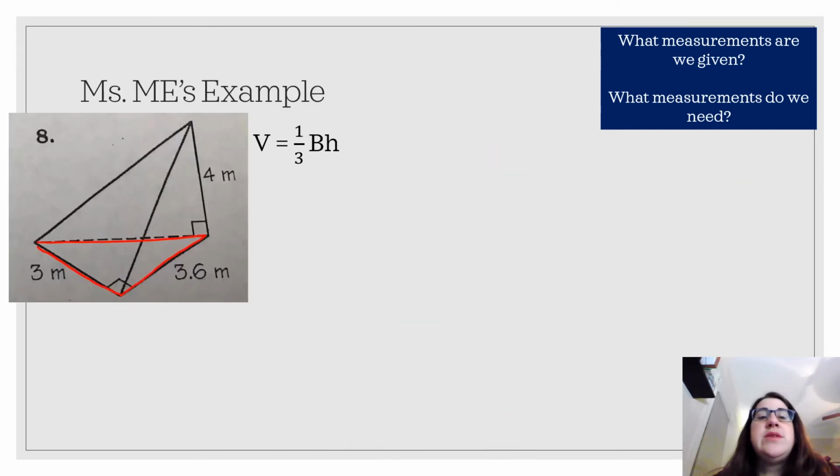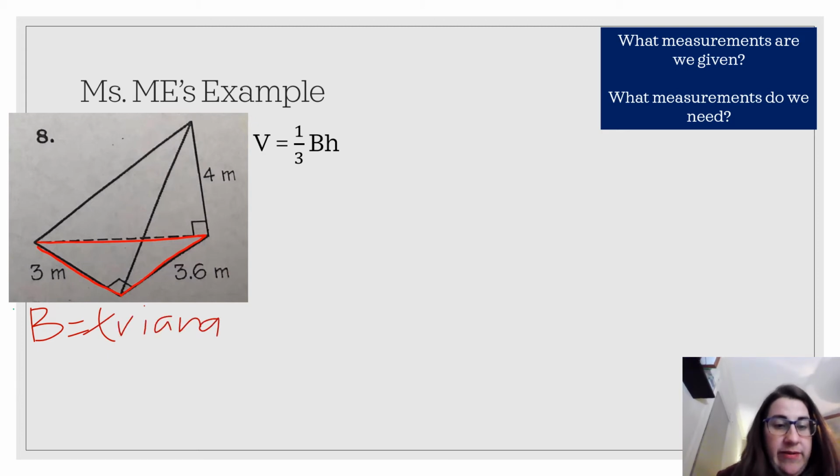Let's do another one. Okay, so this one's already highlighted. It has a base that is a triangle. So I know that the base of my triangular pyramid, so this is a triangular pyramid because it has a base that's a triangle.